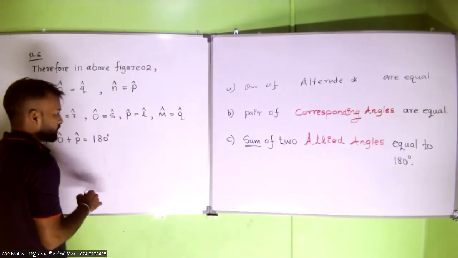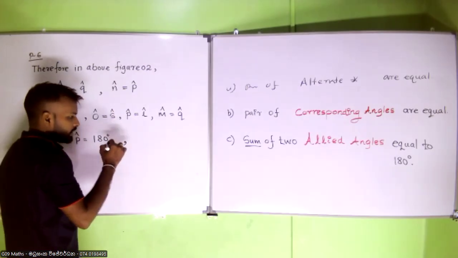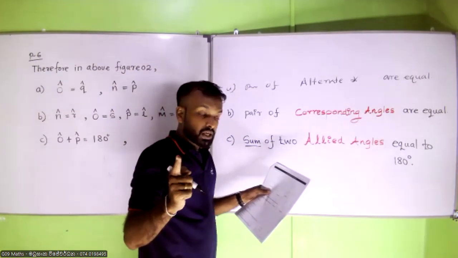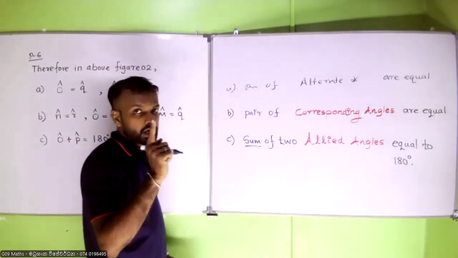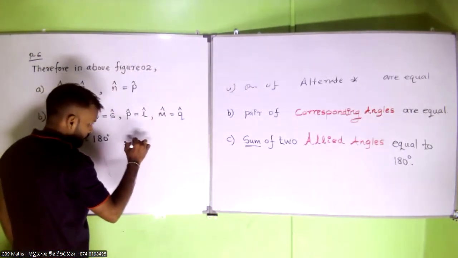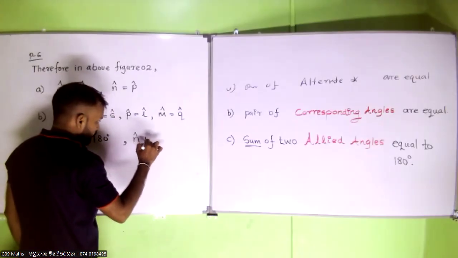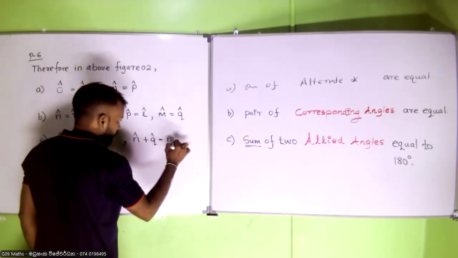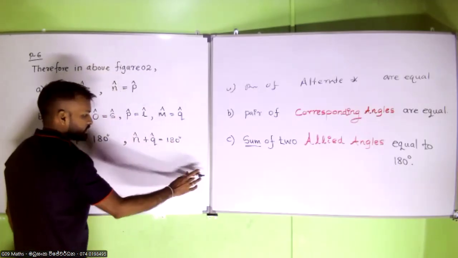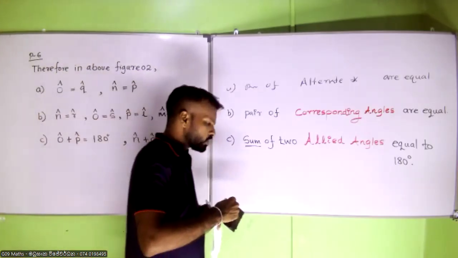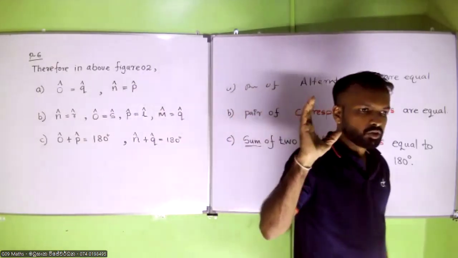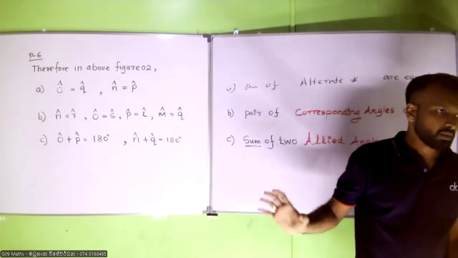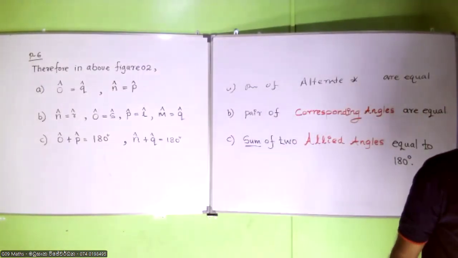The next couple is angle N plus angle Q is equal to 180 degrees. These are the most important things you need to know.